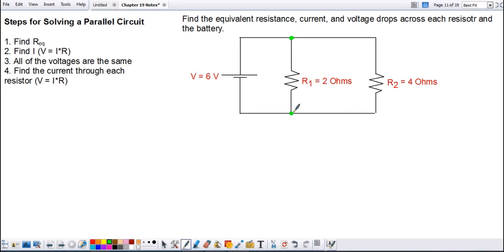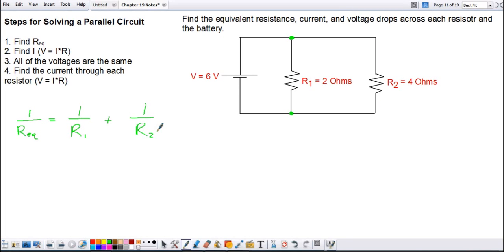We're going to follow the steps for solving a parallel circuit. The first step is to find the equivalent resistance. Now, remember, for a parallel circuit, the equivalent resistance equation is 1 over the equivalent resistance is equal to 1 over the resistance of the first plus 1 over the resistance of the second, and so on and so forth.